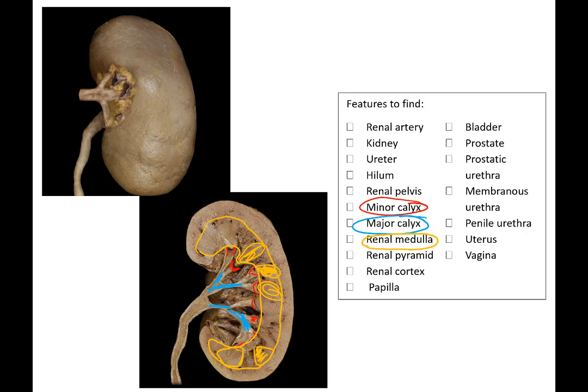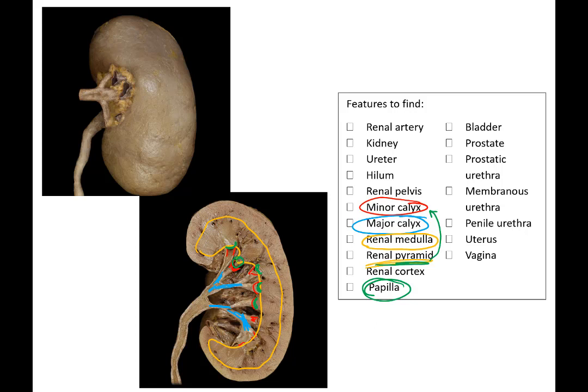So each of these are pyramids. At the bottom of each pyramid is a papilla. The papilla is just the bottom part of the pyramid, and this one we really can see a papilla sticking out there. So the papilla is this bottom portion where the urine is coming out. The papilla is part of the pyramid, and it drips urine into the minor calyx.